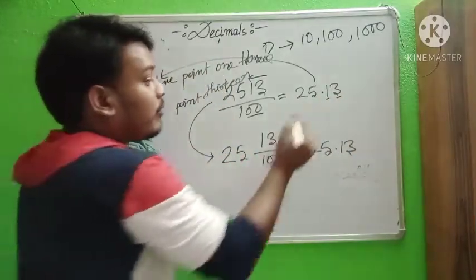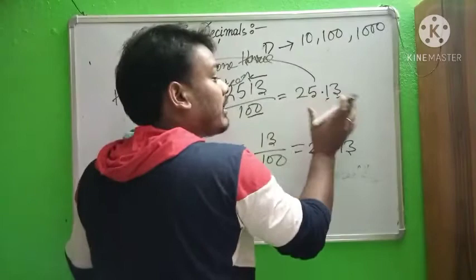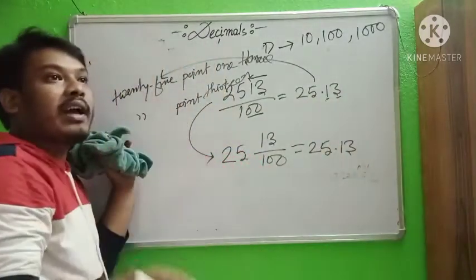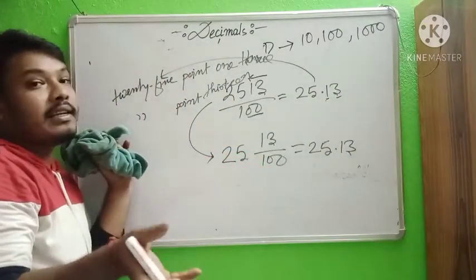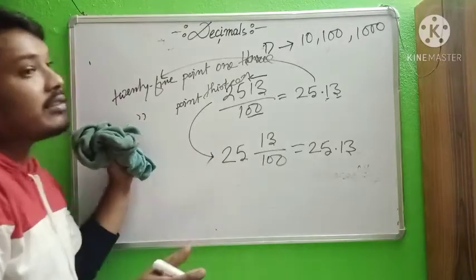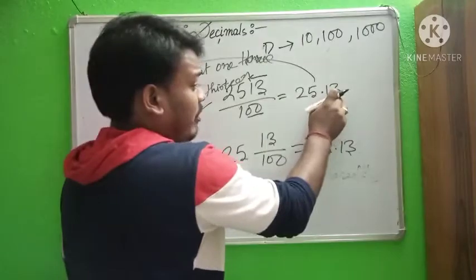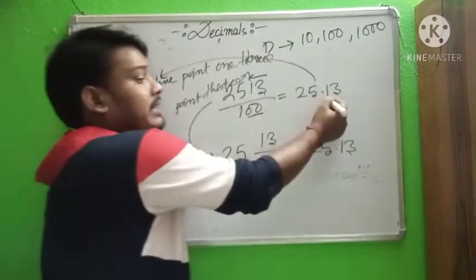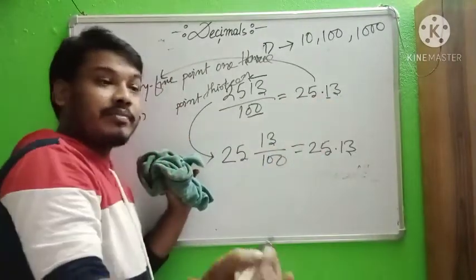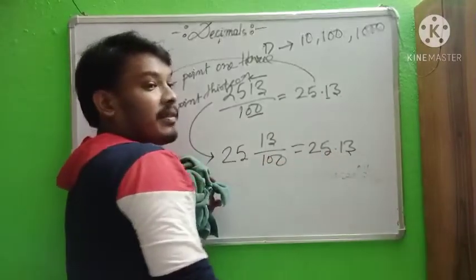Okay, understood? Twenty-five point one three, not twenty-five point thirteen. So keep it in your mind. We say the digits after the decimal individually, one by one.